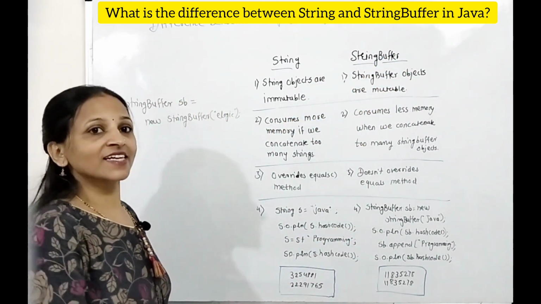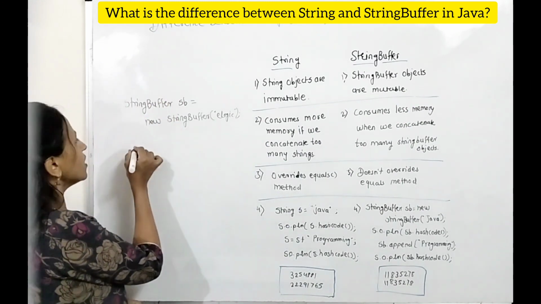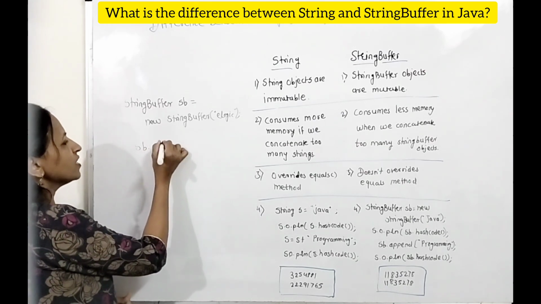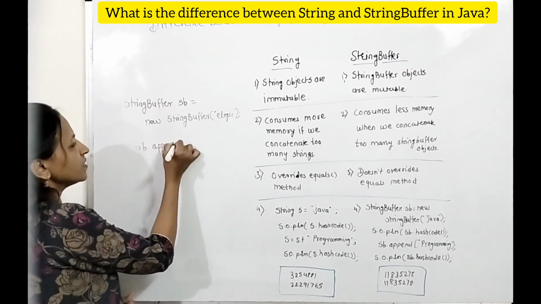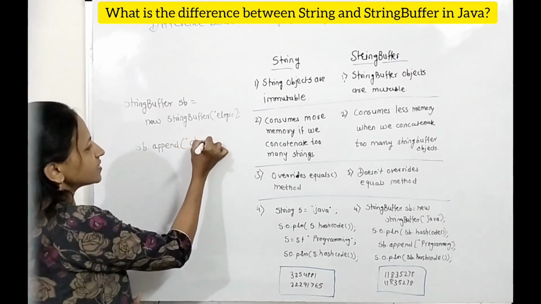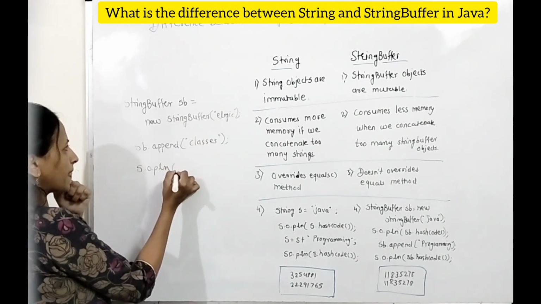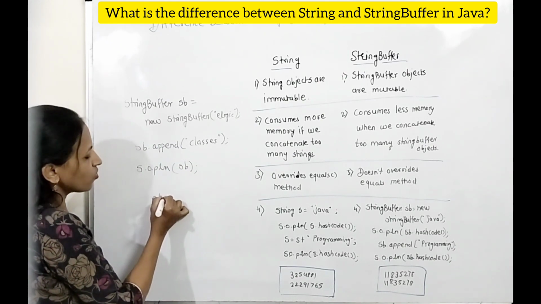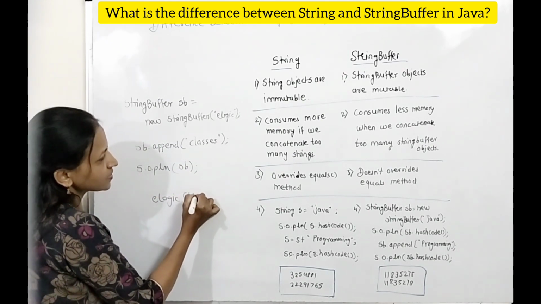Appending means attaching contents at the end. Now I am calling that method for that StringBuffer object, sb.append, and here classes. Now after displaying sb, I will get eLogic classes.